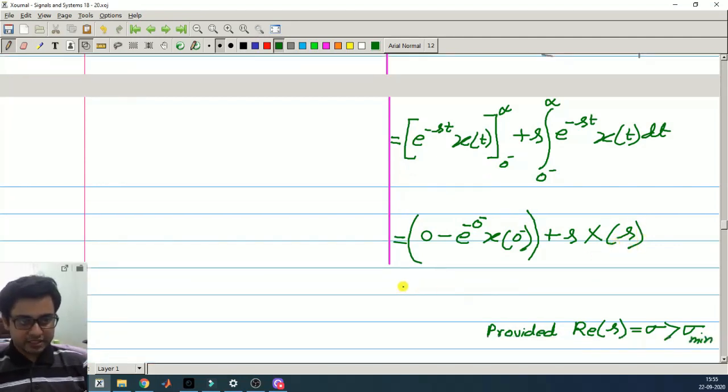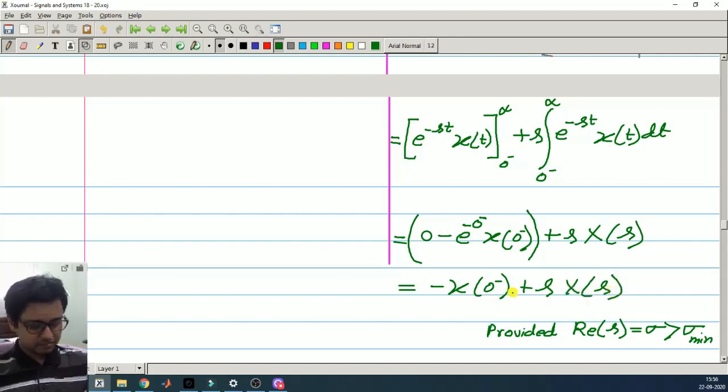So then this is equal to 0, then minus e to the power 0 minus is 1, so we have x 0 minus plus s capital XS.